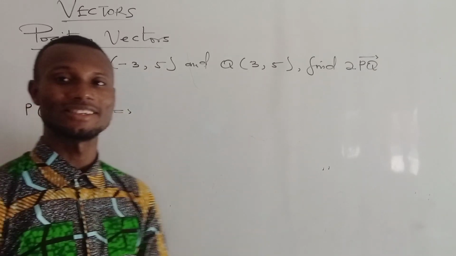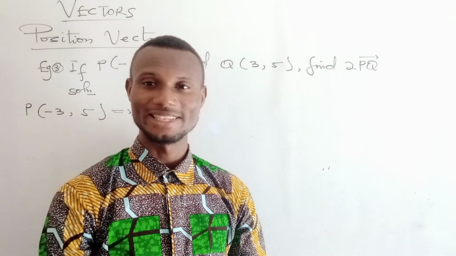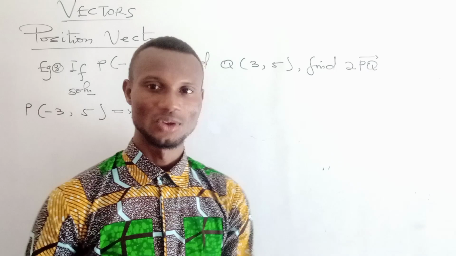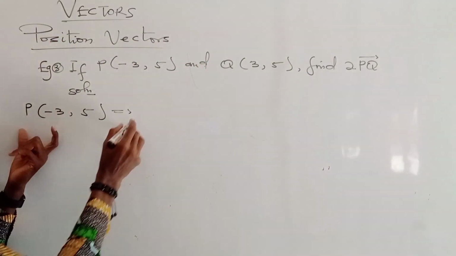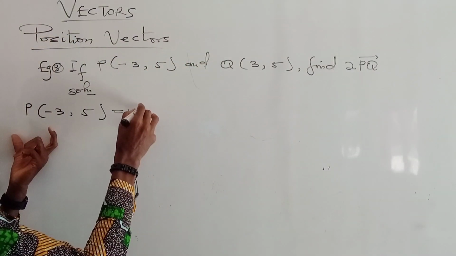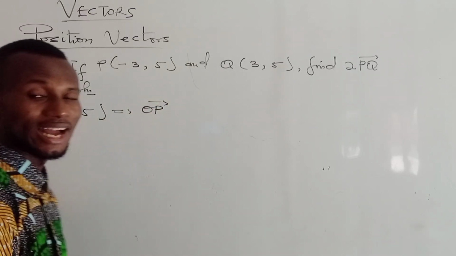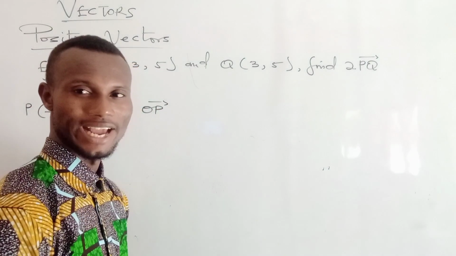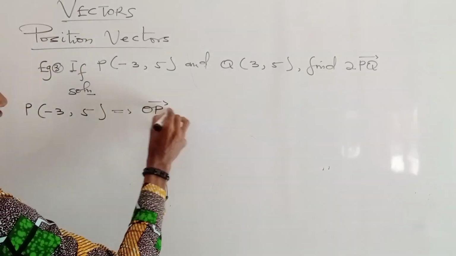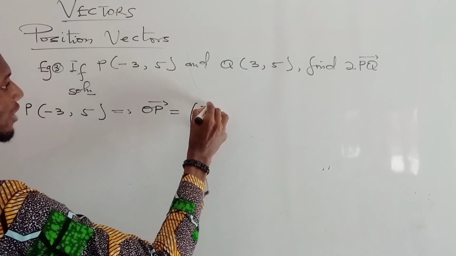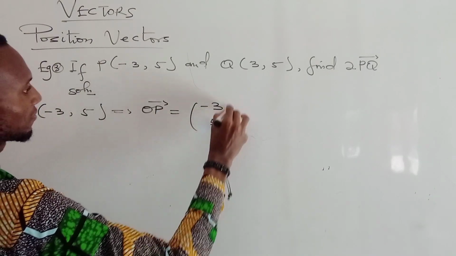A position vector simply means a vector which starts from the origin. So we are going to write the point P as a position vector, which is going to be OP. I've explained this a lot in the previous video. So my OP will be equal to (-3, 5).